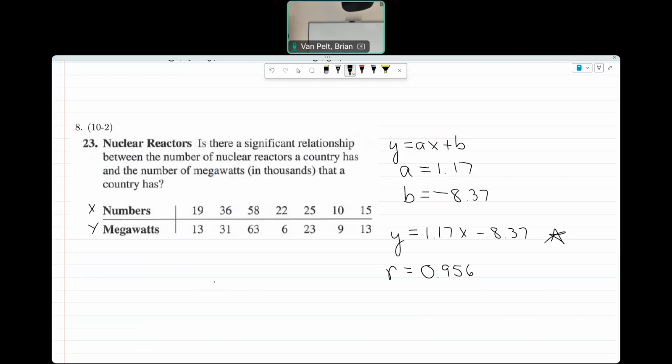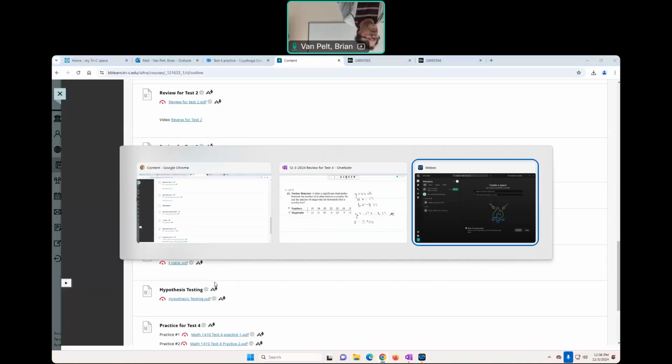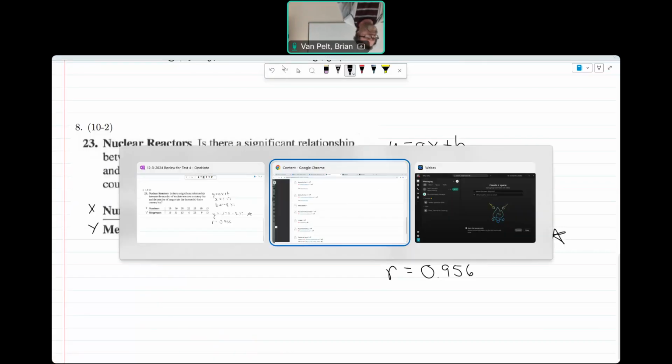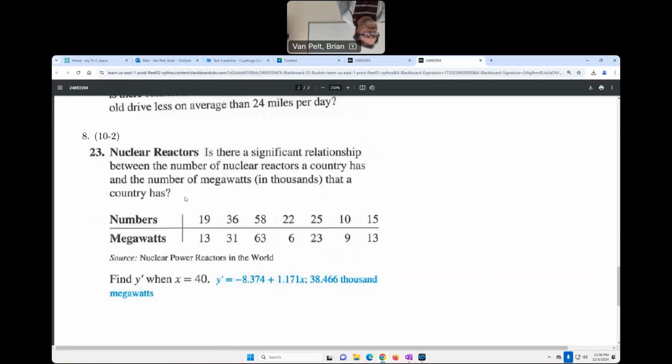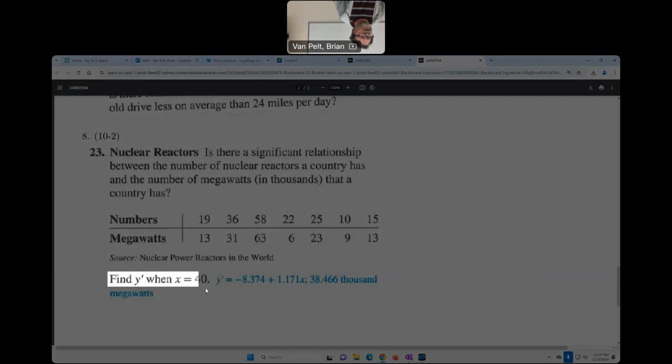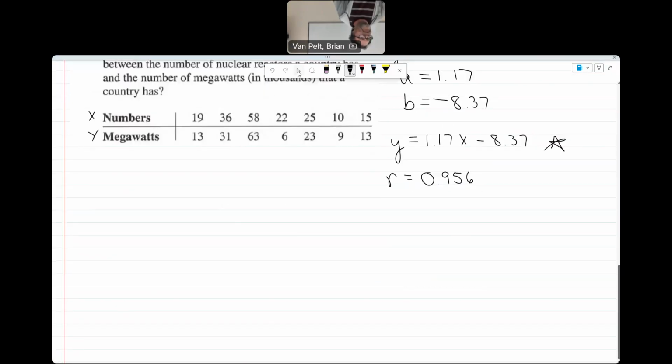And the last part is going to be some sort of a prediction. And then you'll have a prediction question, and that's what this one is here. Basically, you're going to take the equation and replace X with that number.